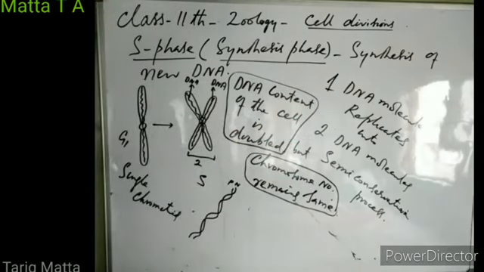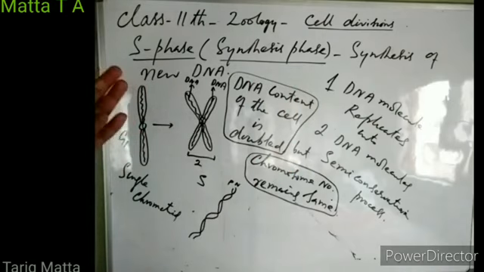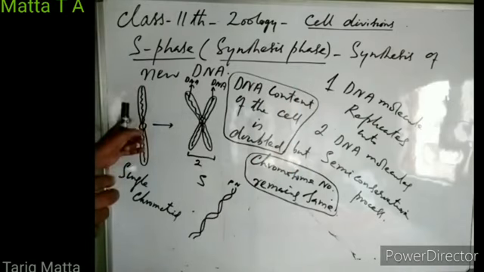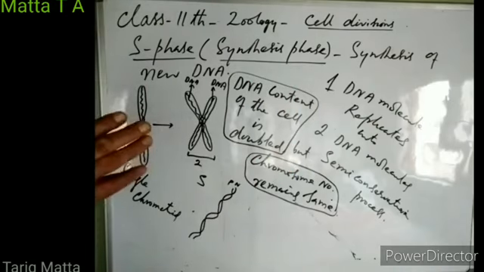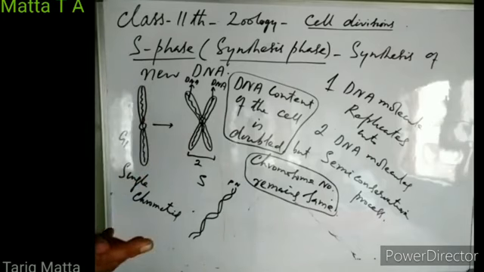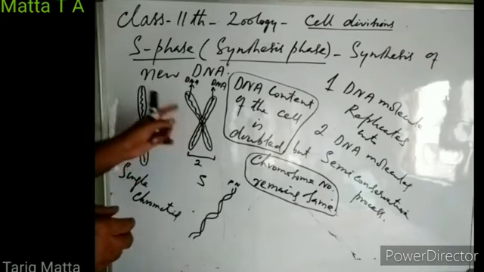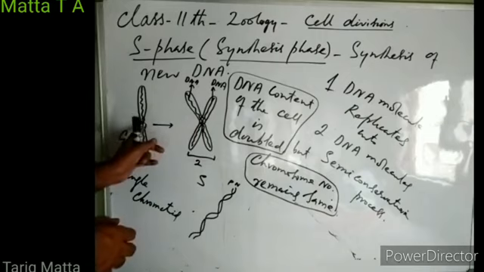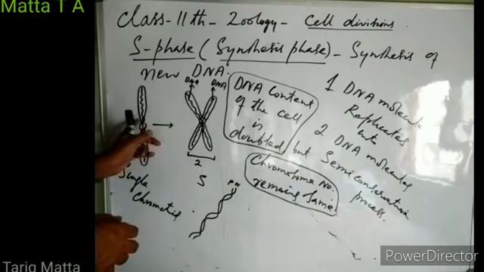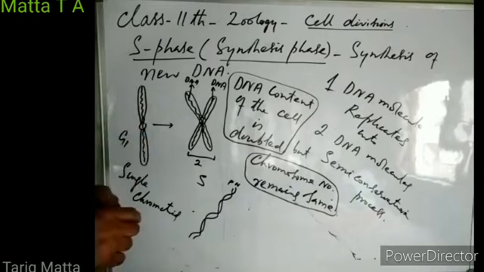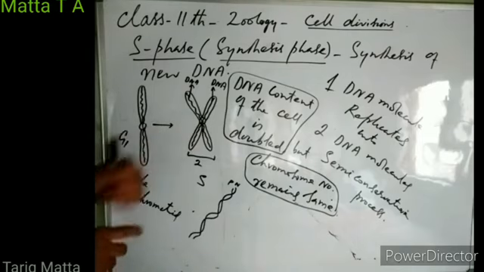Right? So in S phase, there is synthesis of new DNA from a single DNA molecule, which is contained in a single chromosome, right? Another DNA molecule is formed. So both the DNA molecules are still present in the same chromosome. In the beginning, this chromosome was having only one chromatid. Now as the DNA replication occurs, it develops a second chromatid.